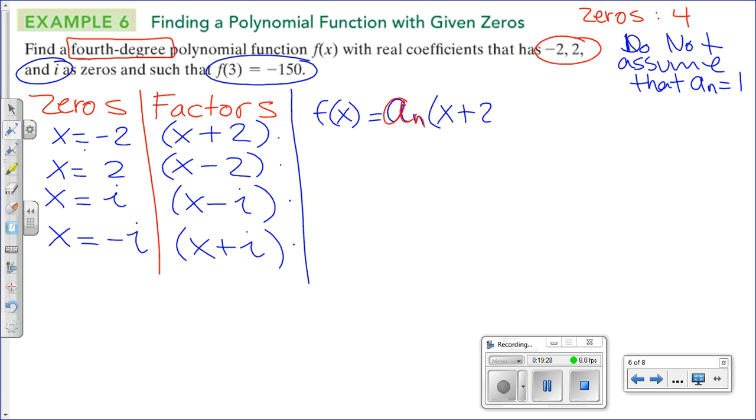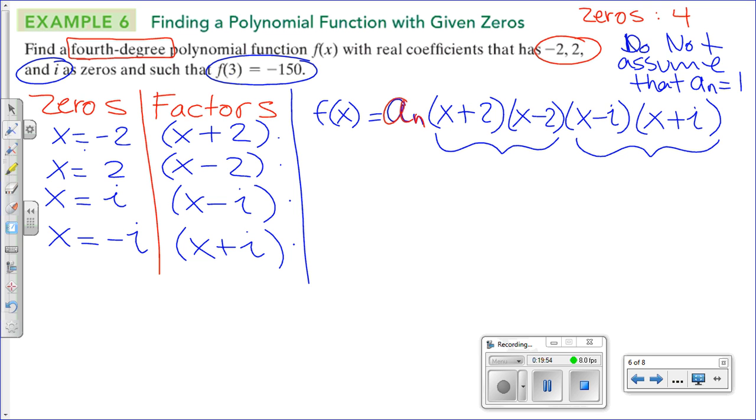So x plus 2, x minus 2, x minus i, and x plus i. Now what I suggest you do is multiply the 2 factors that have a real zero, and then multiply the ones that have the 2 complex conjugates.